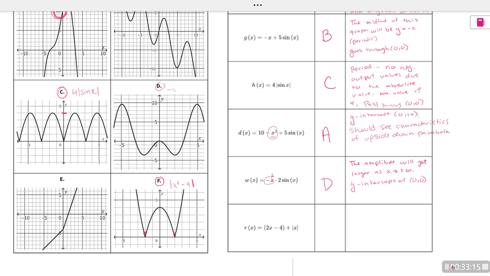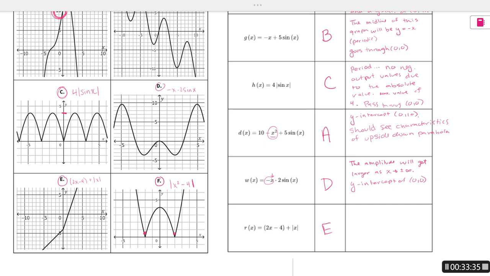Negative x times 2 sine of x. And that leaves graph E here, right? E is 2x minus 4 plus the absolute value of x. So let's break that equation down and see how we could recognize it.